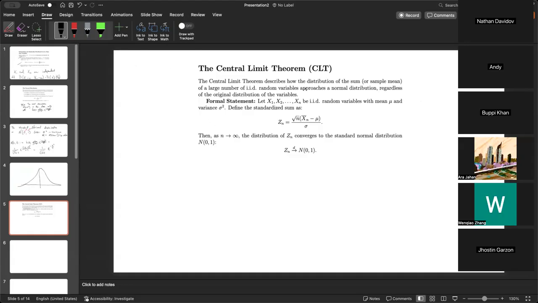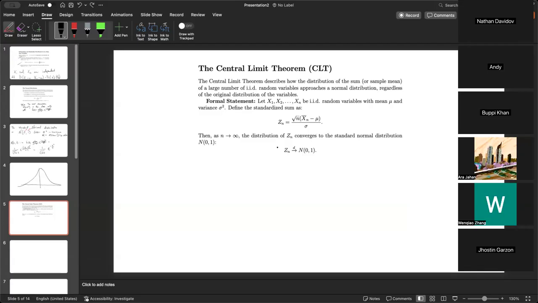So the central limit theorem basically says that if you have a bunch of independent and identically distributed random variables, and their mean is mu, and their variance is sigma squared, then you can take what's called the standardized sum.